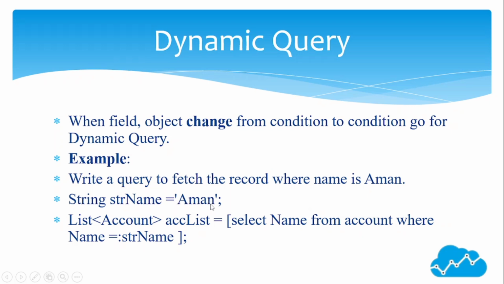As this is a string value, we need to provide it in single quotes. So we write the query: list of account accList equals select name from account where name equals colon, and here we pass the variable strName.